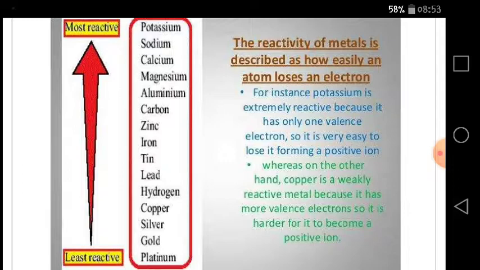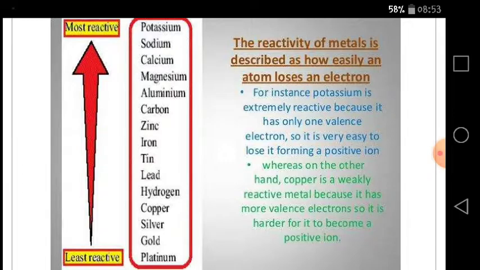By following this principle, you can understand this reactivity series. You can see at the bottom the least reactive metals, and as we move up towards the top, the reactivity of the metals increases.